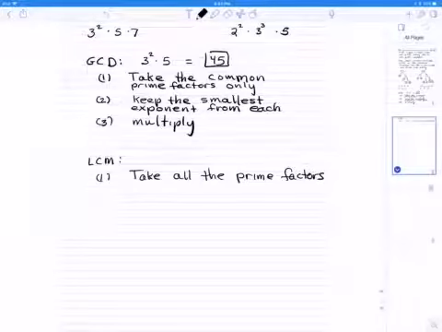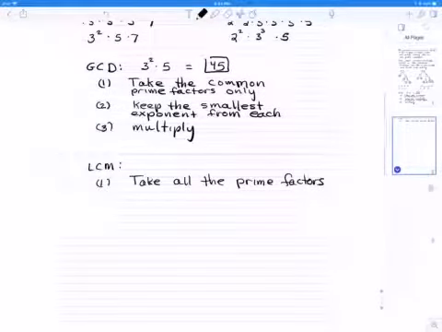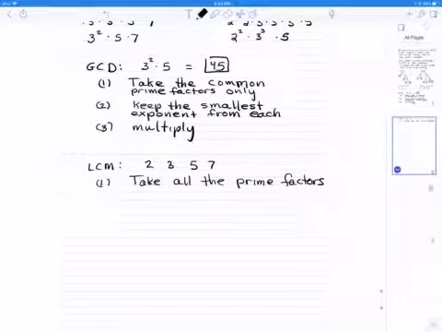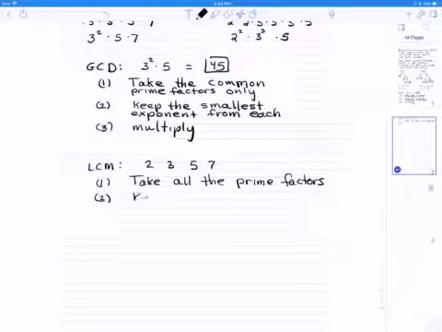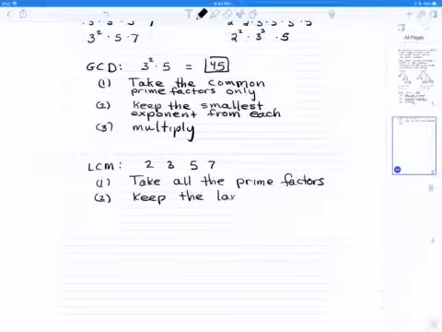So I have 2, 3, 5, and 7. Now, if any of those prime factors have exponents, we want to keep the largest exponent from each.